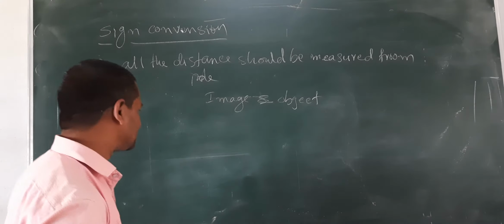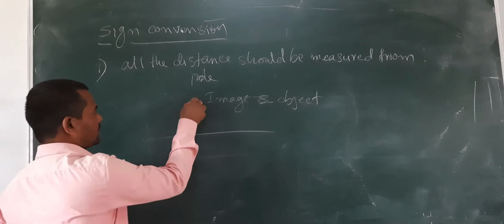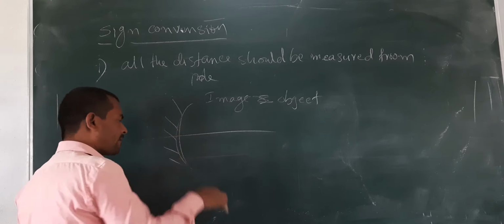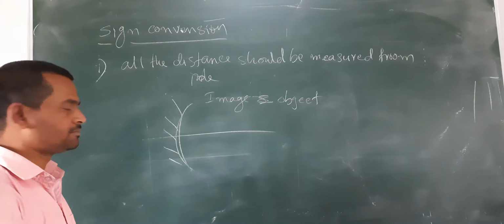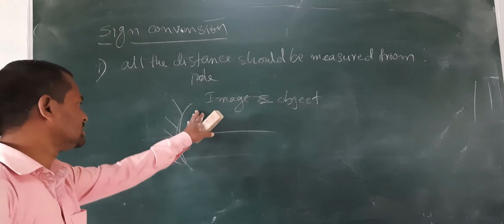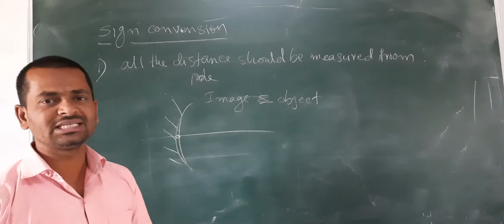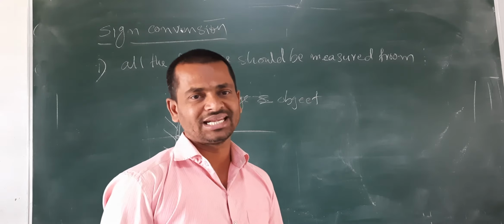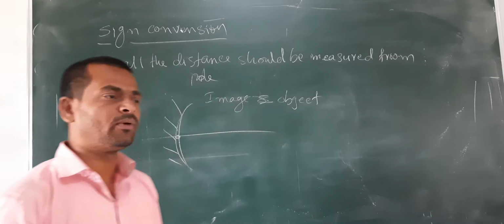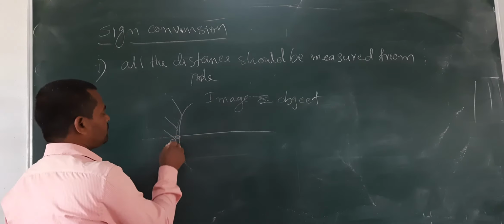For example, let it be a concave mirror. It has a rough side and a smooth side, and the pole is present here. Pole means the midpoint of the mirror. The exact middle point of the mirror is called the pole, and it is denoted by P.